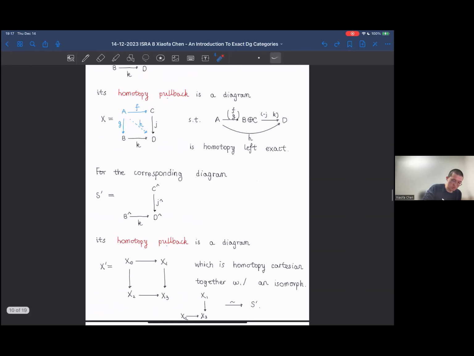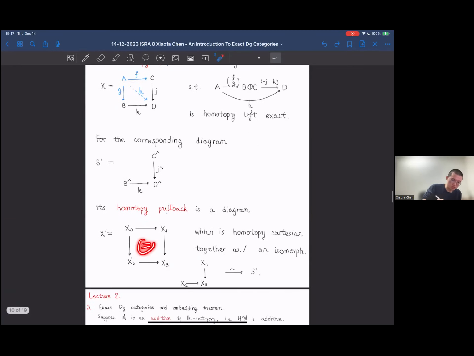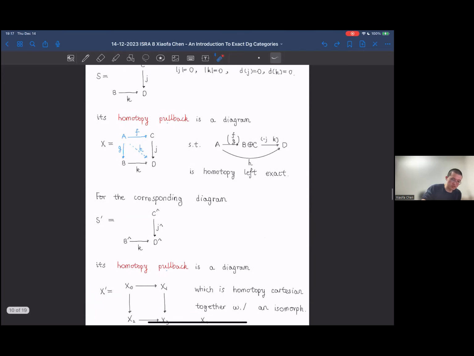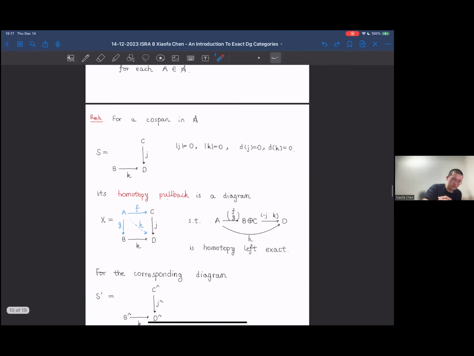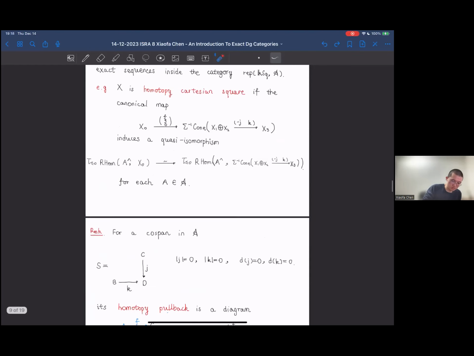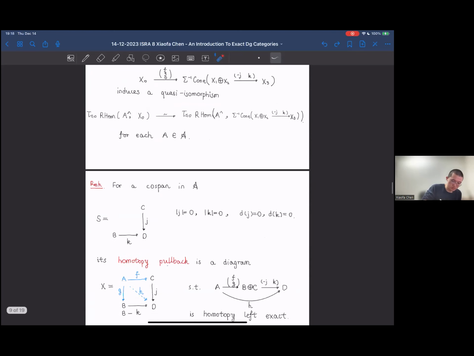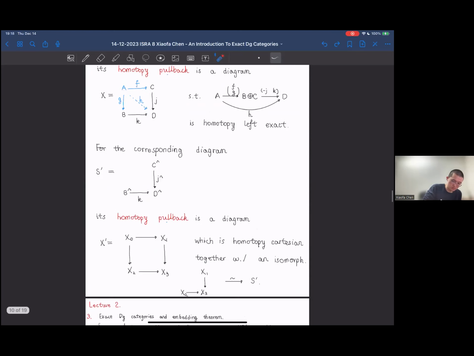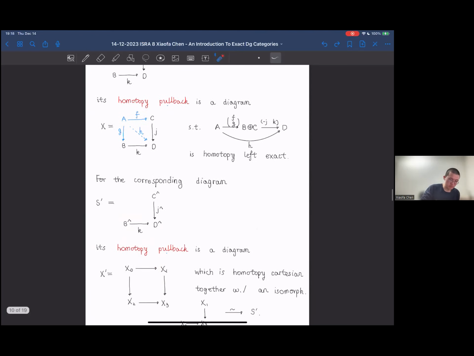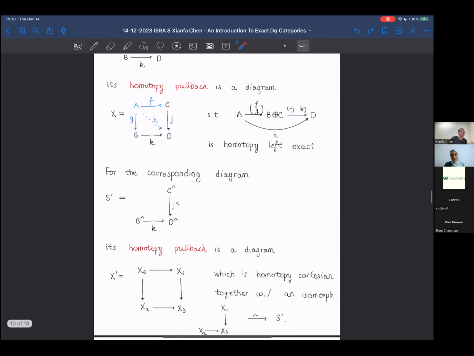Then its homotopy pullback is a diagram that commutes, which is homotopy Cartesian. Above we have defined the homotopy Cartesian square. So it's homotopy Cartesian, but its restriction to this cospan is isomorphic to S prime. It's not equal to S prime. So this will cause some problems when we are proving some diagram lemma.